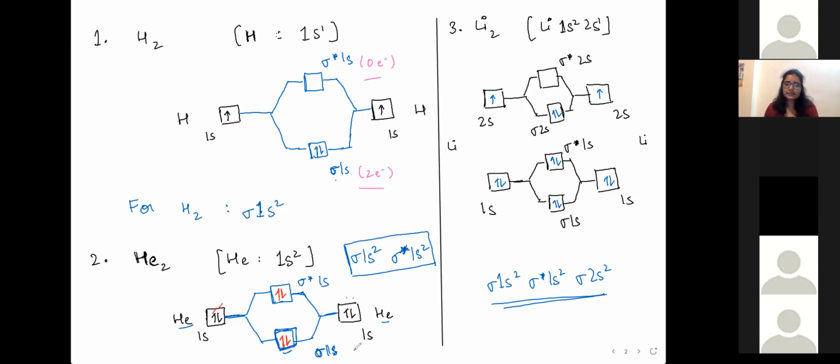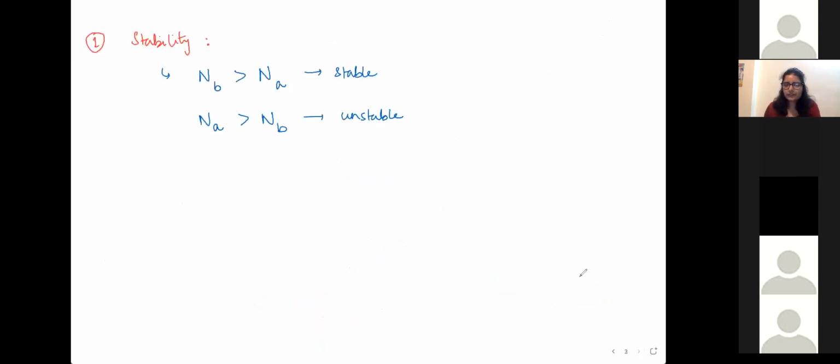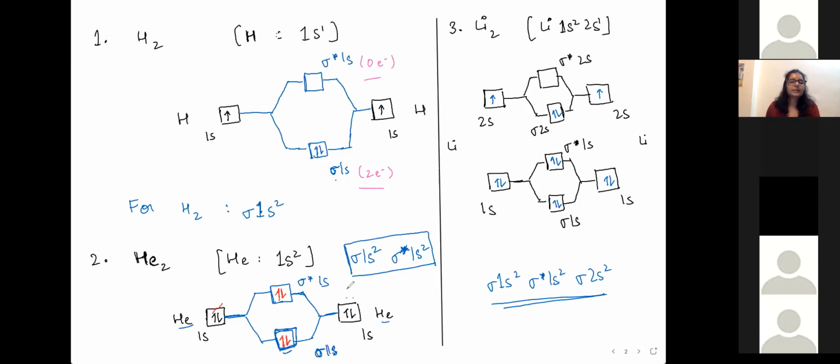In this case, the number of electrons in bonding is equal to the number in anti-bonding. So let me modify this: if it is greater or equal, then that molecule will not be formed. It's going to be unstable. That is why in reality we can say that He2 does not exist and He will not form a bond with another He atom.